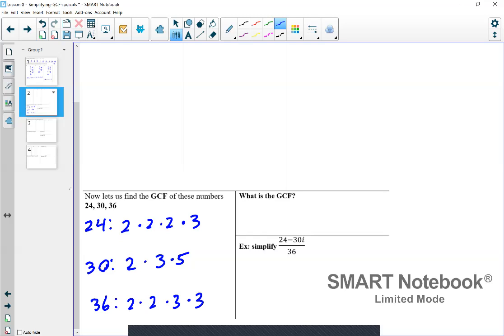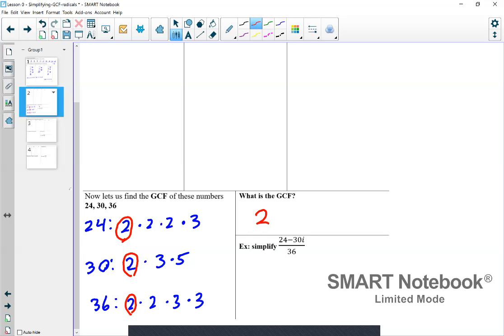Now that we all have these listed out, let's see what primes they have in common and how many of that prime do they have in common. So 24, we have a 2 here. 30 has a 2. And 36 also has a 2. Since they all share this 2, it is part of the GCF. But we're looking for the greatest common factor, or the GCF.